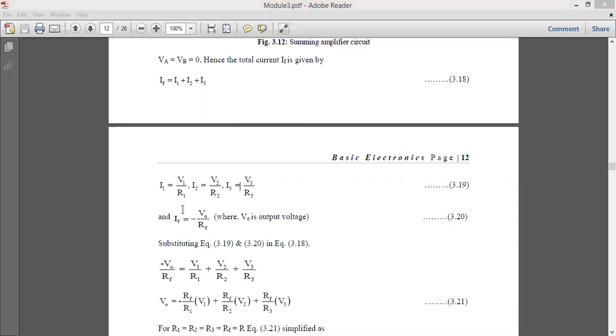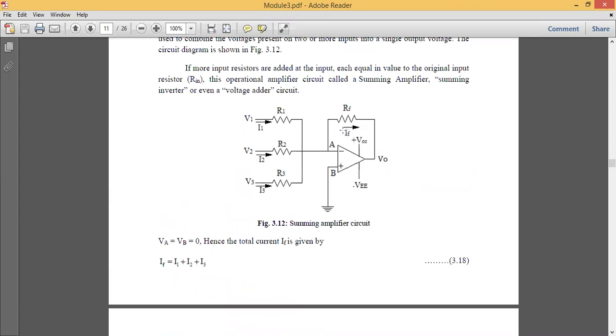Then what is the current IF? Again you take I is equal to V by R. How did you get V naught divided by RF? It is from the output loop here. So IF is nothing but V naught divided by RF.